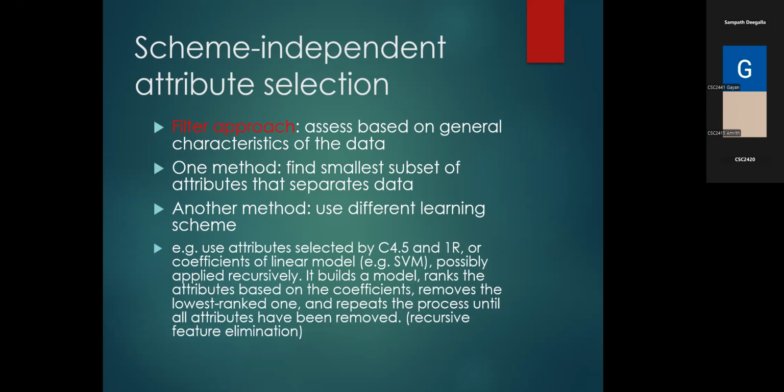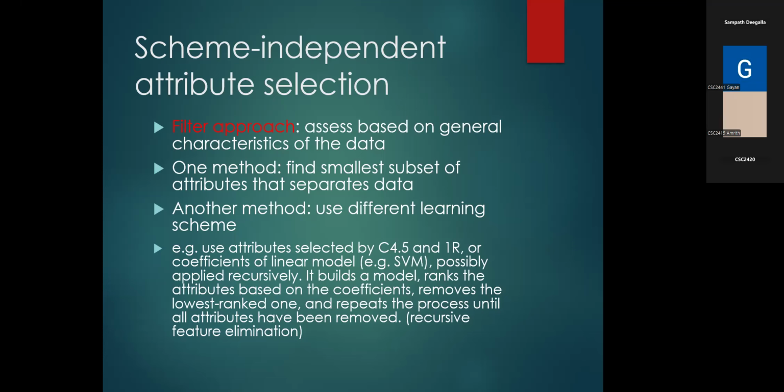I told you it's not really used in practice, but you can use it as a feature selection method. You can run 1R and identify what is the best feature, and then keep on repeating to see what other attributes get selected as the best one, and then you can use those attributes for a decision tree. That's one way to do it.